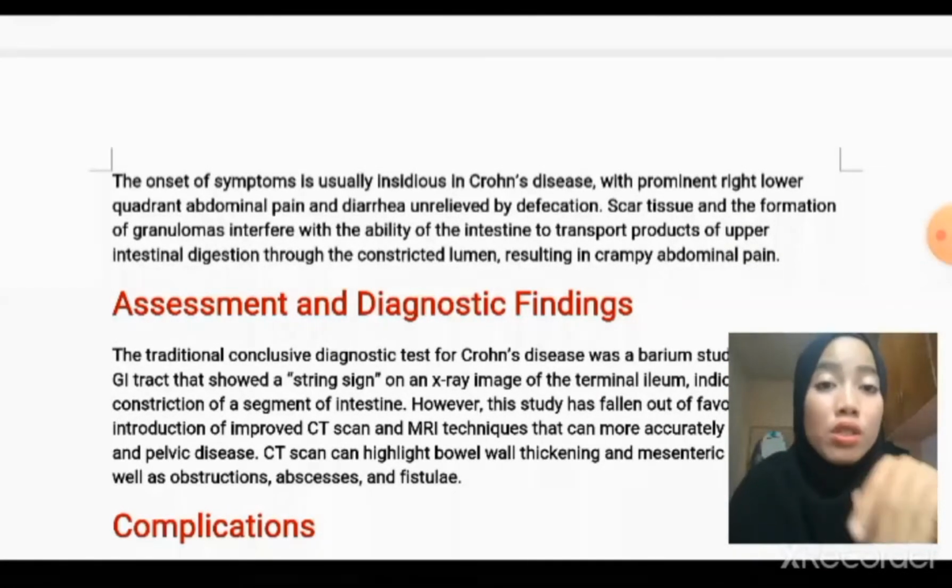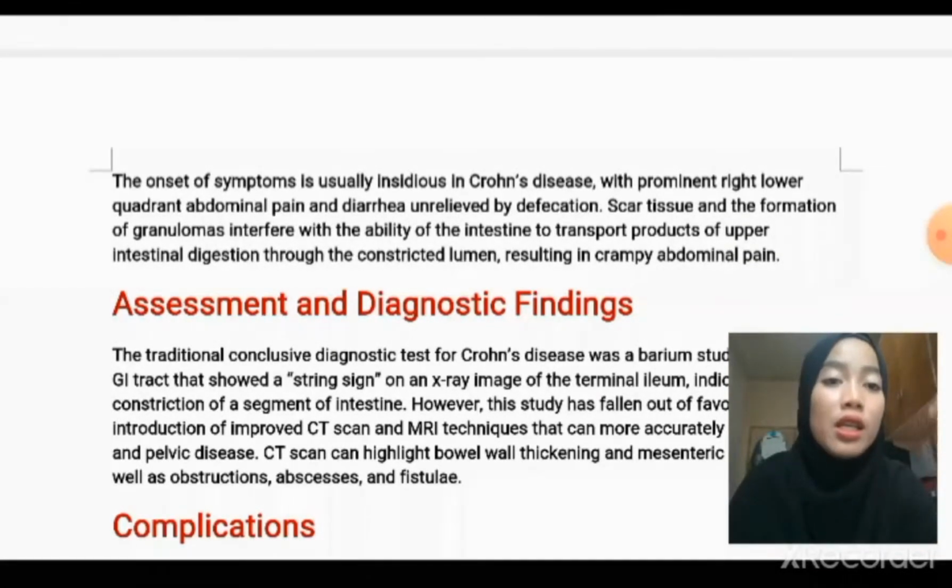The onset of symptoms is usually insidious in Crohn's disease, with prominent right lower quadrant abdominal pain and diarrhea, unrelieved by defecation. Scar tissue and the formation of granulomas interfere with the ability of the intestine to transport products of intestinal digestion through the constricted lumen, resulting in crampy abdominal pain.